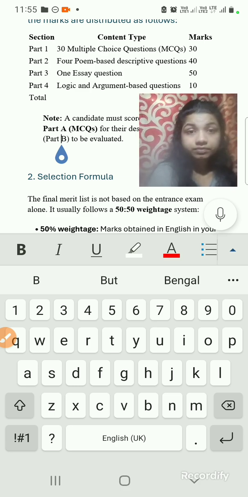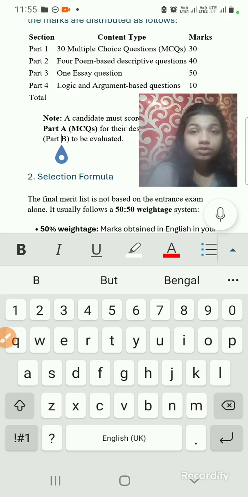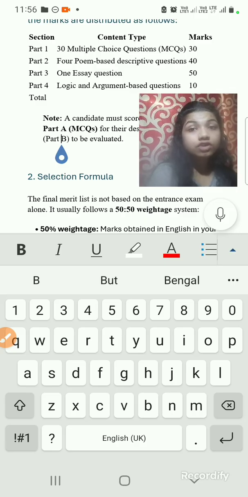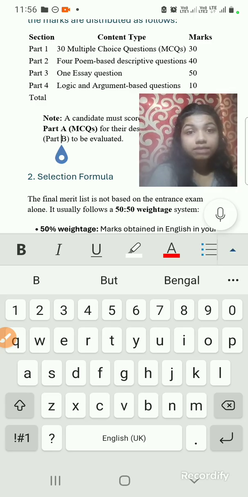Part 1 says there would be 30 multiple choice questions containing 30 marks. You should know that without having a good score here, you won't be able to get admission in Jadavpur University.